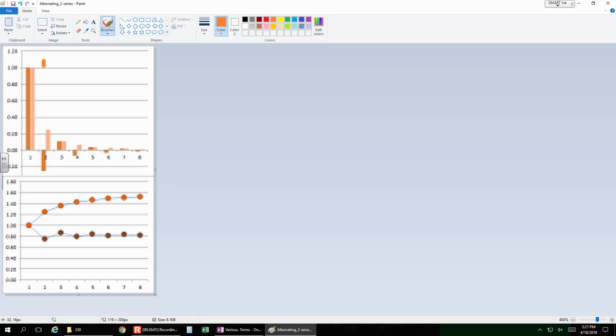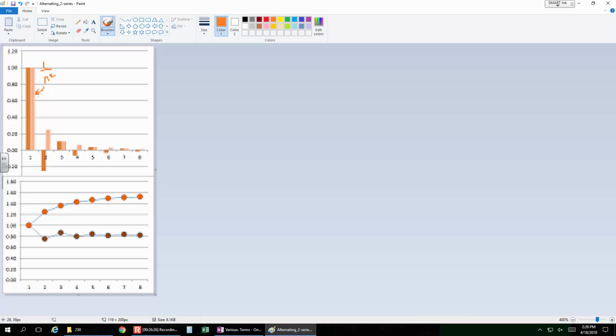The light brown is 1 over n squared. As you can see, the light brown bars all stick up above the x-axis. So that's a positive term. Now, how do we create the other one?